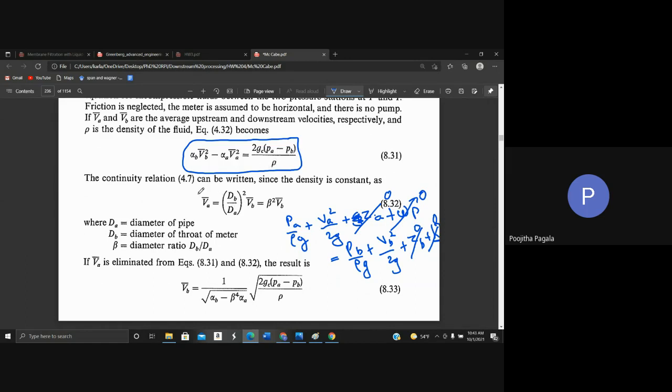But as we have discussed earlier, we also know that VA AA is equal to AB VB. And we know that area is proportional to D square, diameter. So it is pi by 4 D square if it is a circular pipe. So you can calculate VA in terms of VB. And this is another important parameter called beta. Beta is nothing but dB by dA. dB is the diameter of the throat.